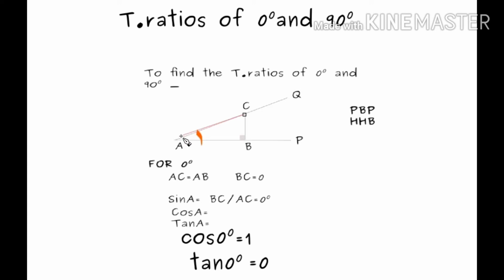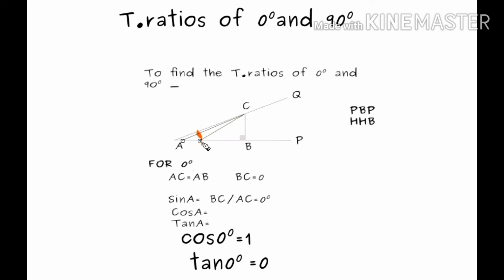Now this is the length AC, which represents the hypotenuse, and when you bring this AC length to B, you can clearly see that the length of AB is getting reduced. Okay, let me do it. Suppose this length, keep looking at the length.